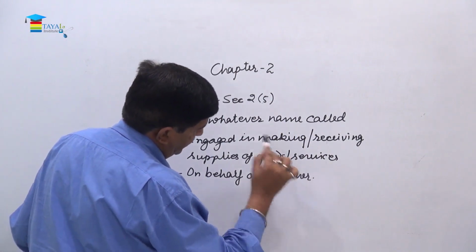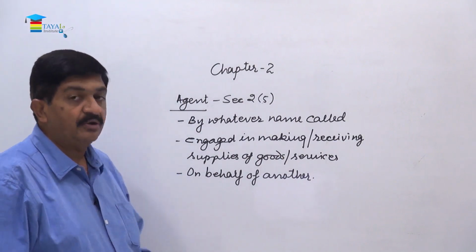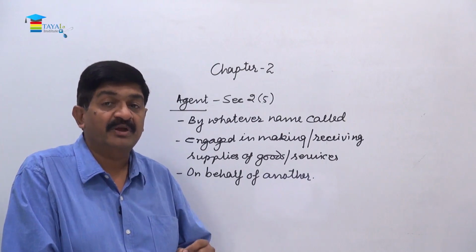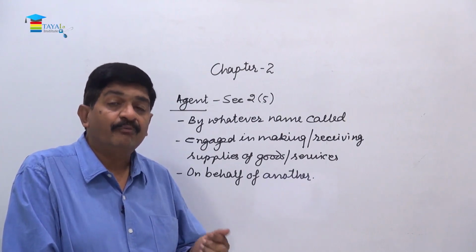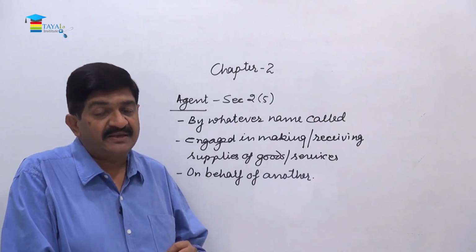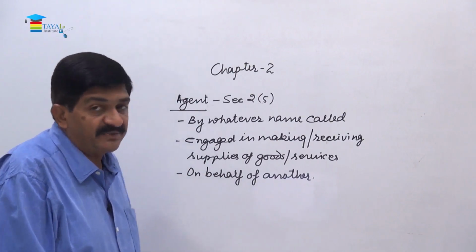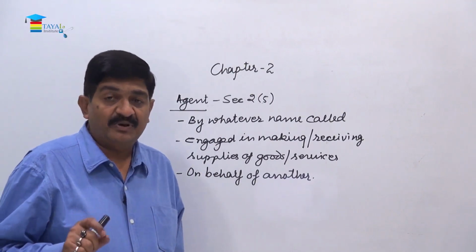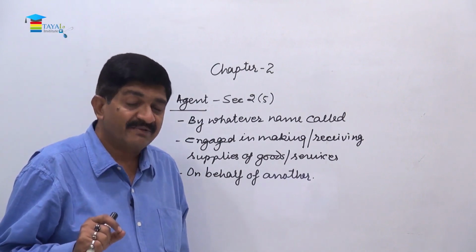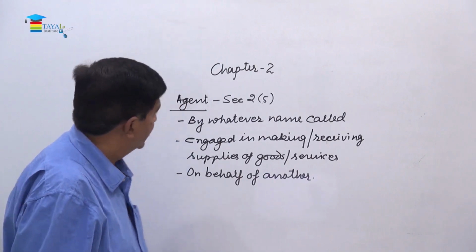So any person who is engaged in the activity of making or receiving the supplies of goods or services on behalf of another, by whatever reference is given to that person, will be considered an agent for the purpose of this Act. And why is the term agent defined? The answer is simple: the liability of the principal and agent is joint as well as several. So that is why the term agent has been defined.